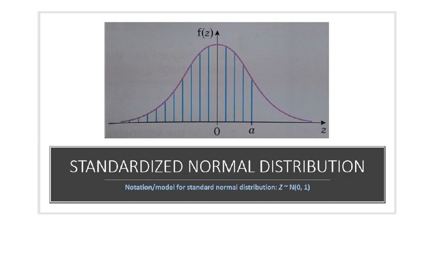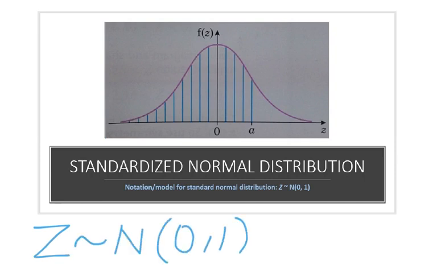The notation or model for the standardized normal distribution is Z normally distributed with 0 and 1.